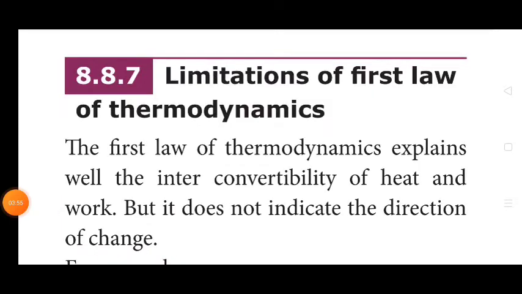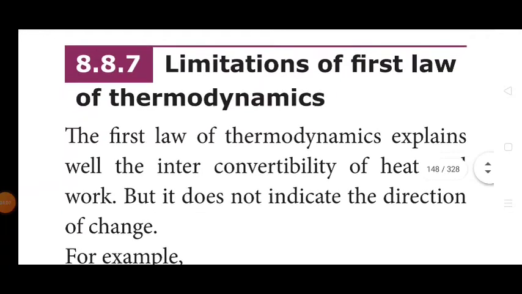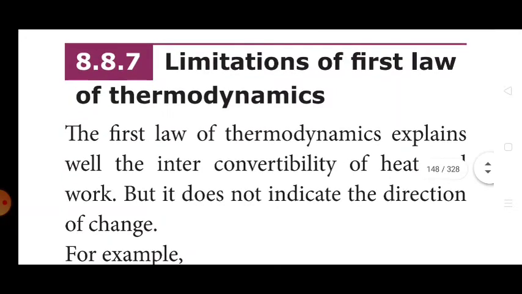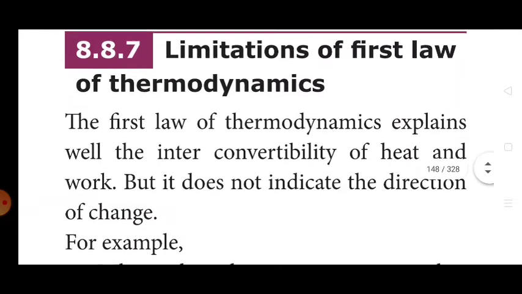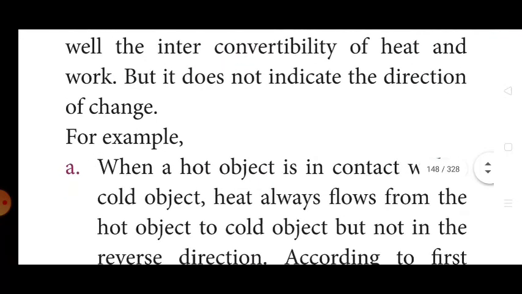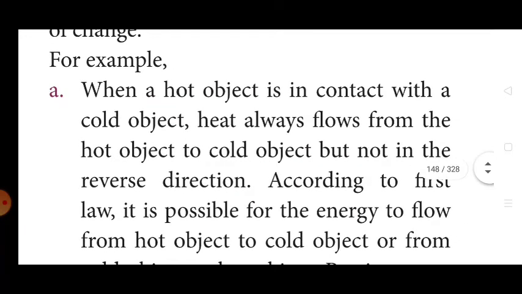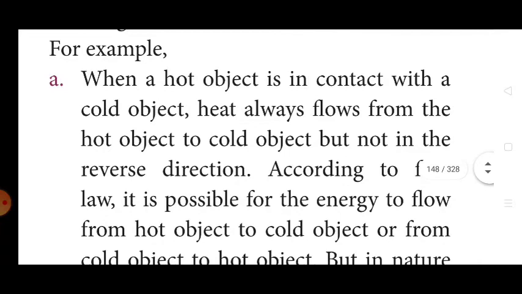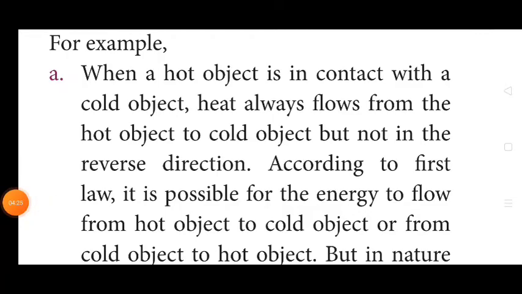Limitations of the first law of thermodynamics. The first law of thermodynamics explains well the interconvertibility of heat and work, but it does not indicate the direction of the change. For example, when a hot object is in contact with a cold object, heat always flows from the hot object to the cold object, but not in the reverse direction.